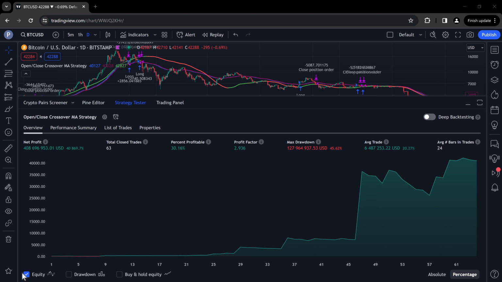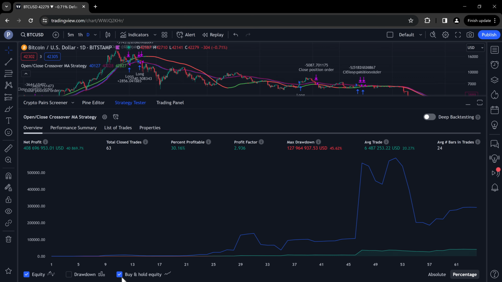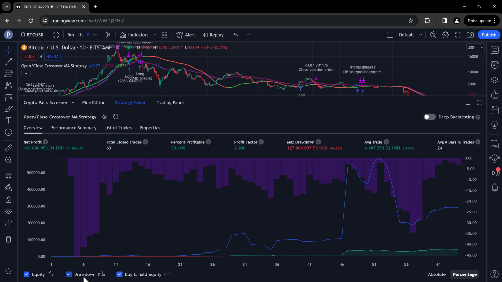As you see, the equity curve is toggled in, and the equity curve has a green color. We can toggle in also the buy and hold equity curve, which has a blue line. And also we can toggle in the drawdown, which is a histogram.